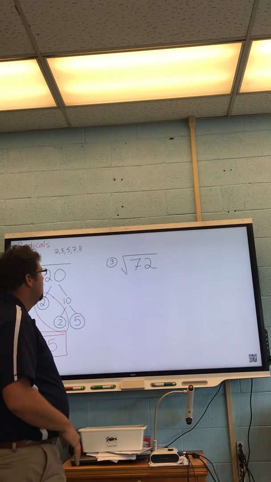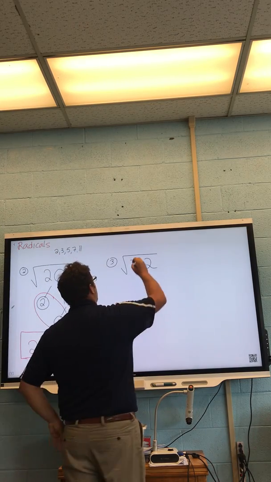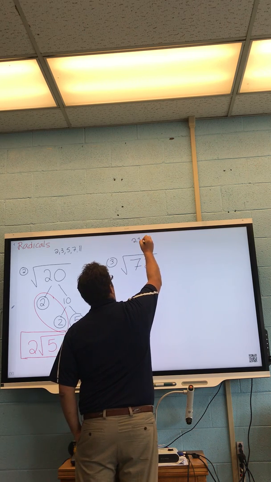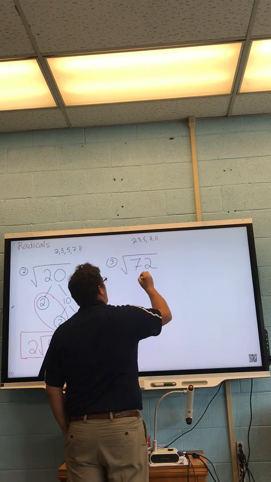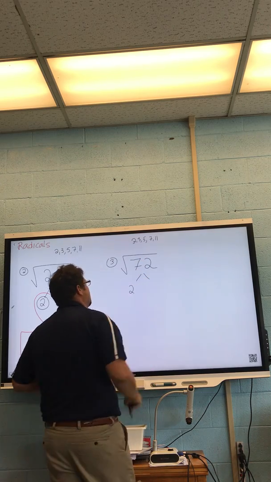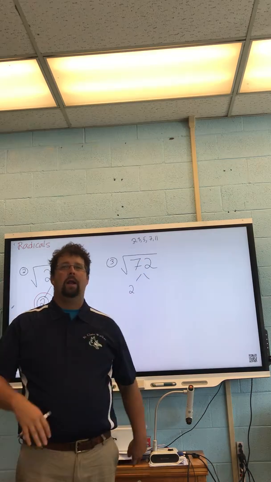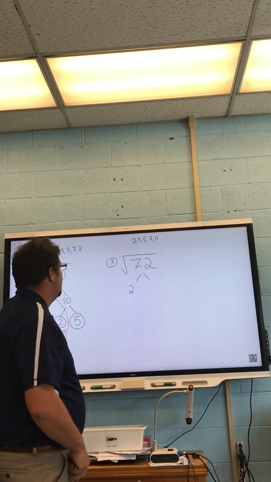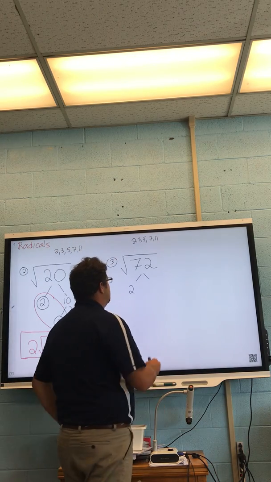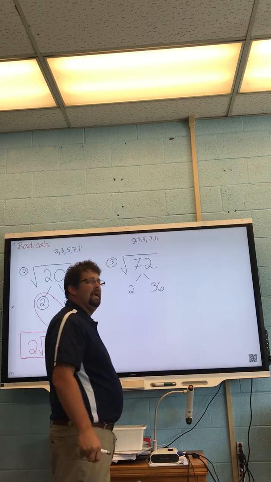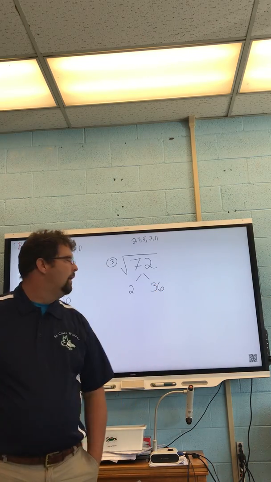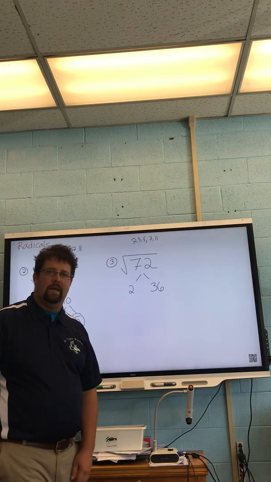So I look at my 2, 3, 5, 7, 11. 2 will work. So I'm going to divide 72 in half. And I know you guys got that well before I did. But half of 72, as you guys already know, is 36.